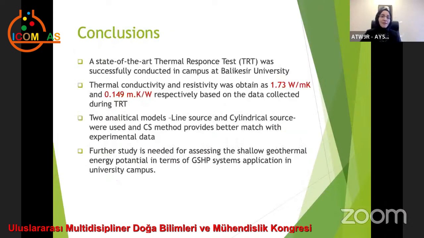So finally, a state-of-the-art thermal response test was successfully conducted on this campus, Balikesir University, and thermal conductivity values obtained as 1.73 and 2, with two analytical methods conducted, the line source and cylindrical source methods. And the cylindrical source method provides a better match with experimental data, and further study is still needed for assessing the shallow geothermal energy potential in terms of ground source heat pump system application in this university.